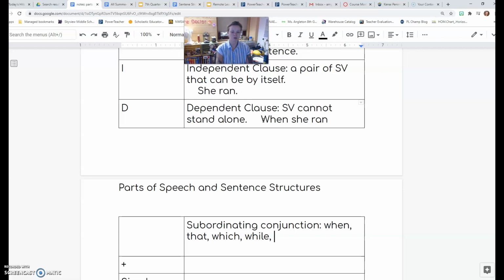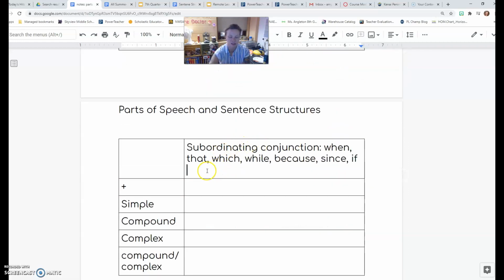Subordinating: when, that, which, because, since, if. These are all subordinating conjunctions. They are words that when you add to a normal clause, like she ran, they no longer can stand by itself. It makes it dependent. She ran is now dependent. We'll talk more about that when we get into sentence structures in a minute.